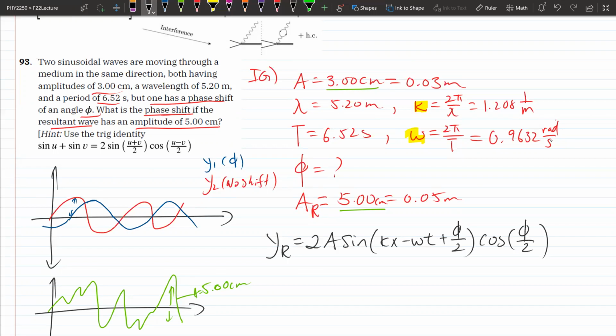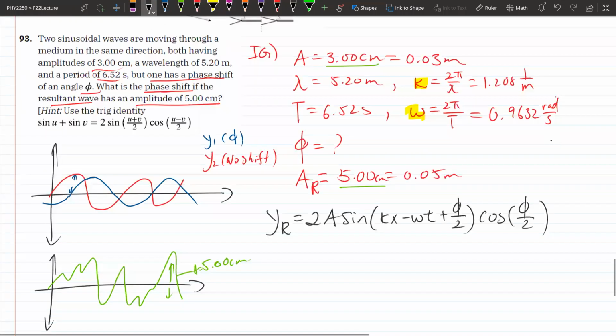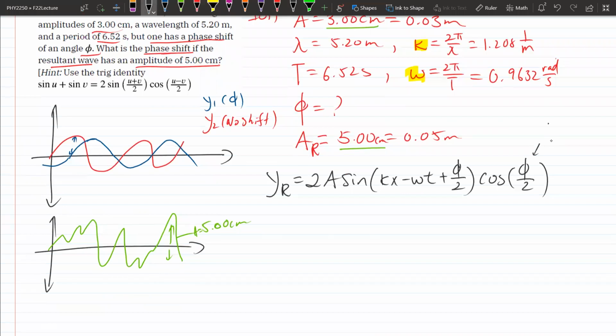So if phi was pi, then cosine of phi over 2 will be 0. Then you get complete destructive interference. But if phi is equal to 0, then cosine of 0 is 1, so this twice the amplitude only happens when phi is 0.